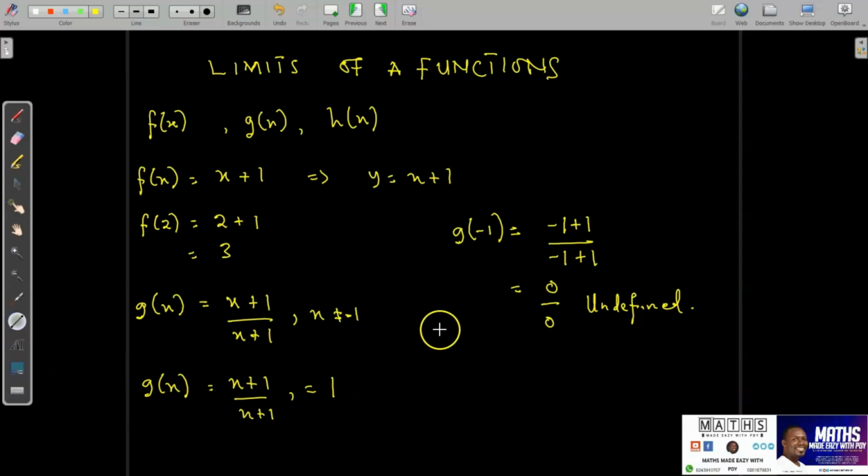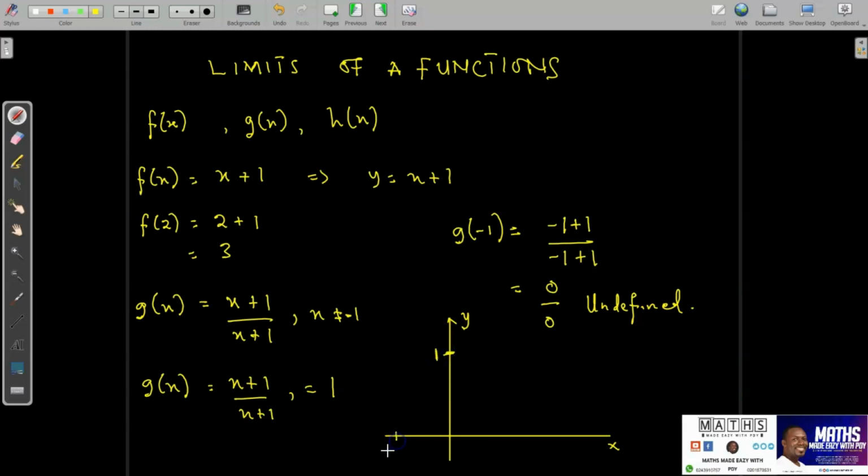let us see a simple graph of this function. So this is my y-axis and that is my x-axis. So if I have the coordinates here, I have 1 here as a y value.